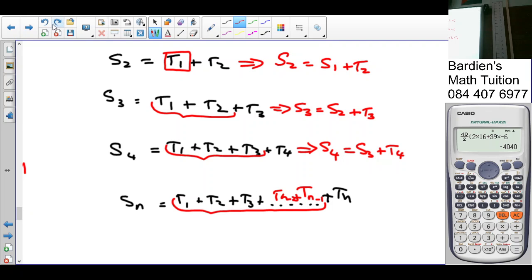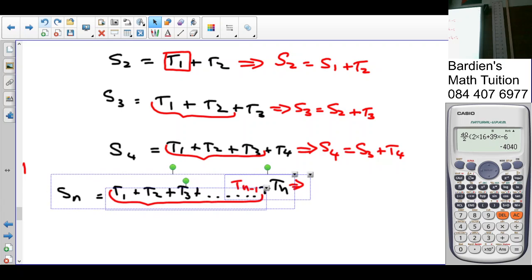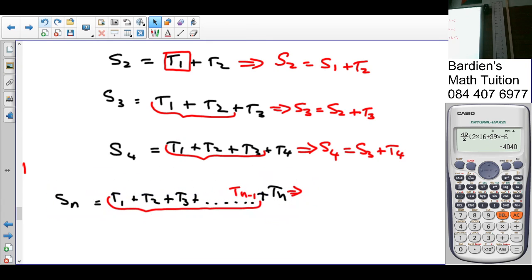So in other words, that would simply be Sn equals Sn minus 1 plus Tn. You all agree with that? Okay.